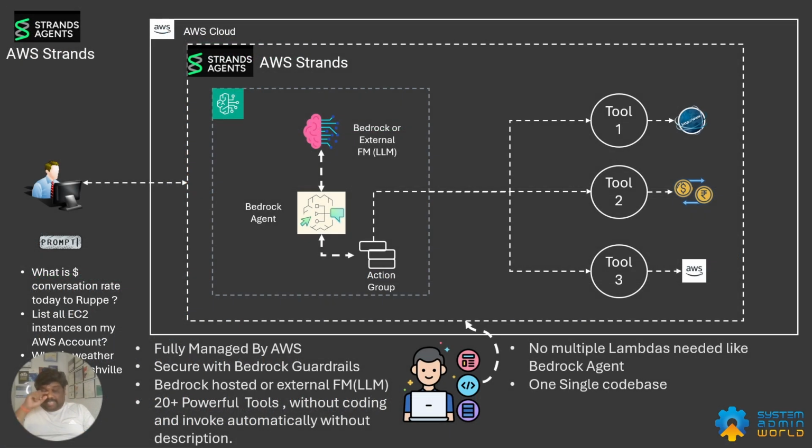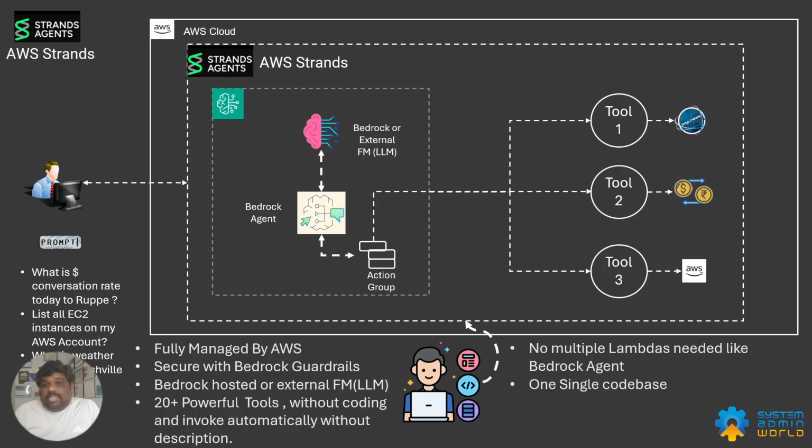AWS Strands is an open source SDK for building the core logic of an AI agent, which is great for flexibility and customization. However, as an open source framework, Strands requires the developer to manually integrate and configure separate services for production-grade features.